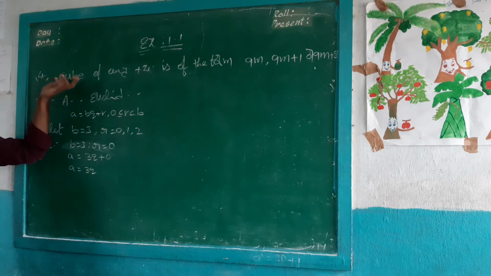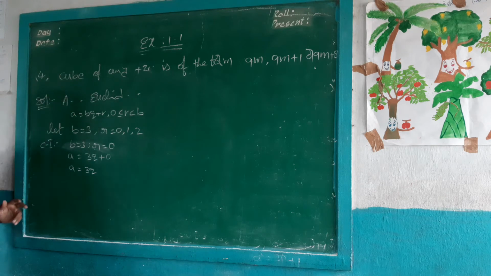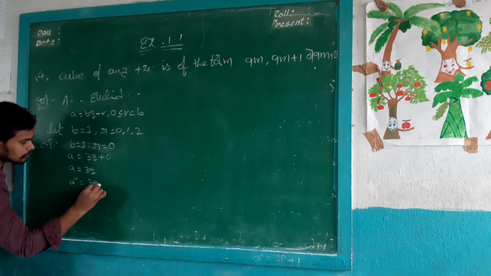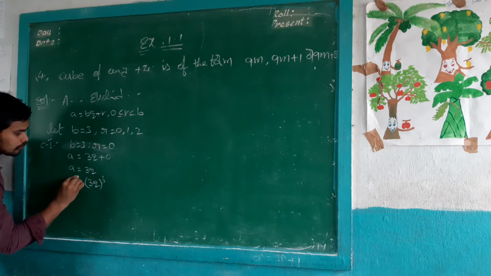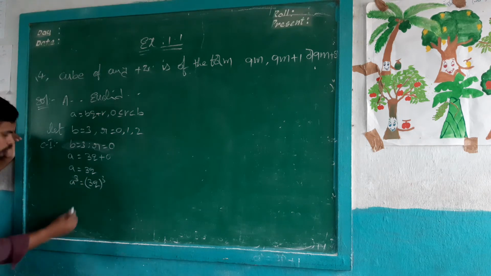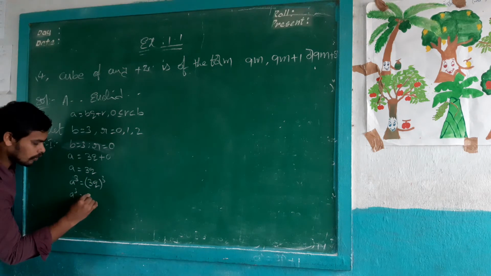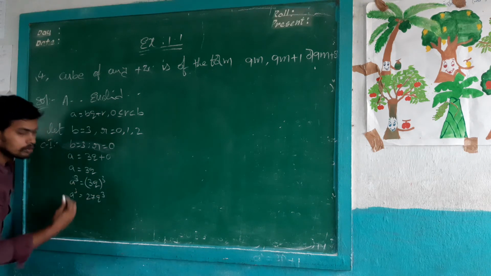What we have to do is cube of any positive integer. So A cube equals to 3Q whole cube, which is 3 cube, value 27, Q cube.